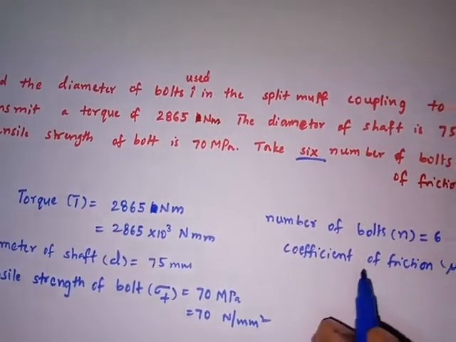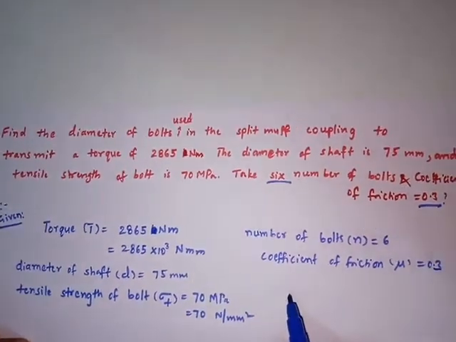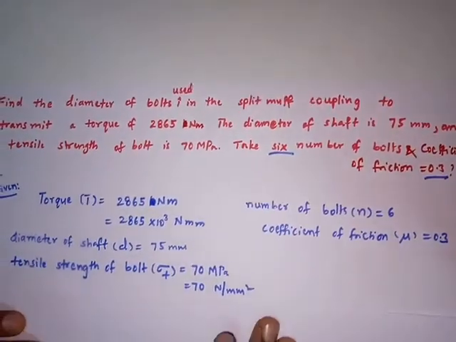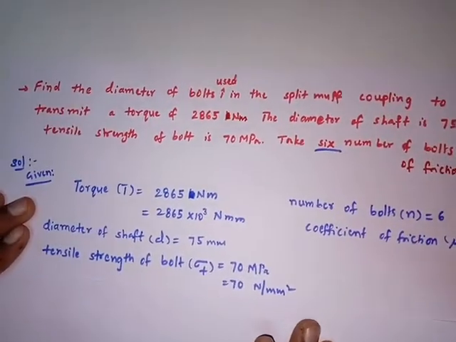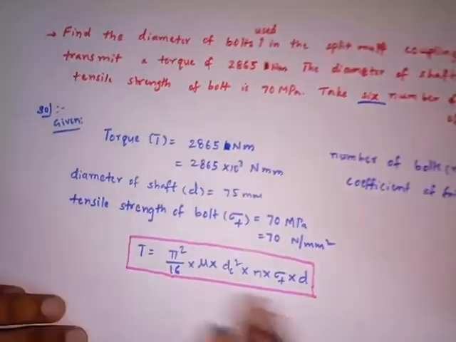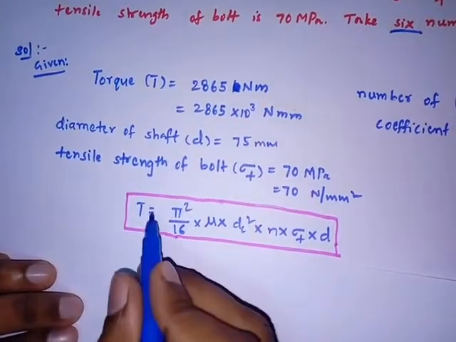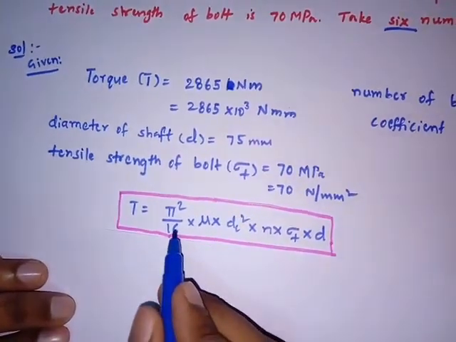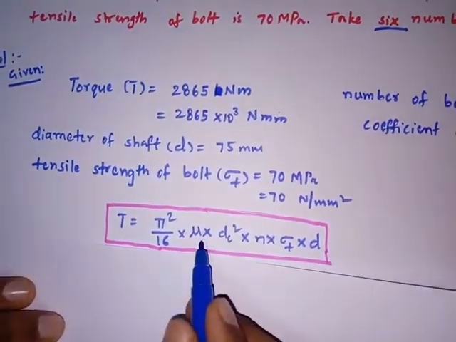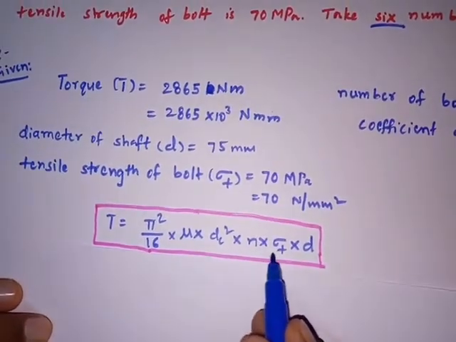And to find out the diameter of the bolt here, we know the basic formula for torque transmitted in the case of the split muff coupling, which we have discussed already in the design procedure of the split muff coupling, that is pi square by 16 into mu into dc square into n into sigma t into d.